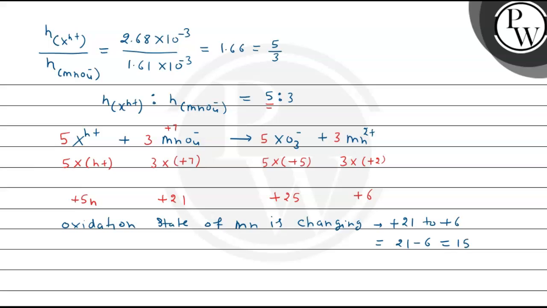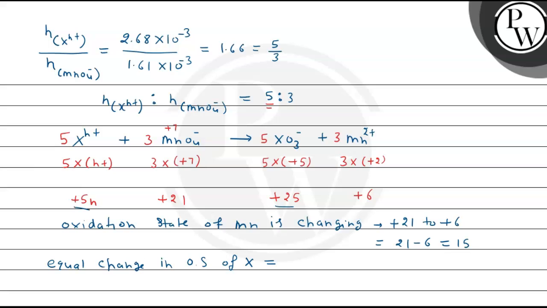So there will be an equal change in the oxidation state of X. The change in oxidation state is from plus 5n to plus 25.